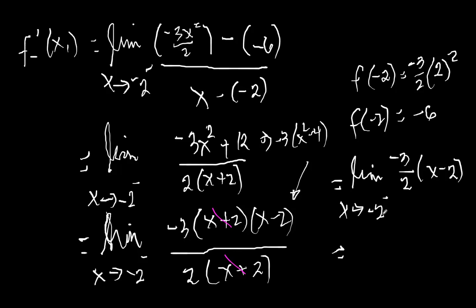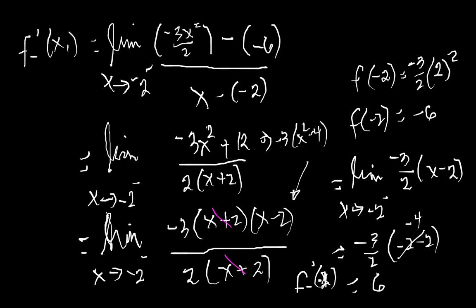So we can do direct substitution. -3 halves times -2 minus 2 is equal to -3 halves times -4, which is +6. So the value is equal to 6. So the derivative at -2 from the left exists and the value is 6.